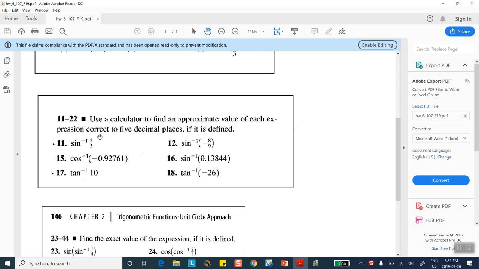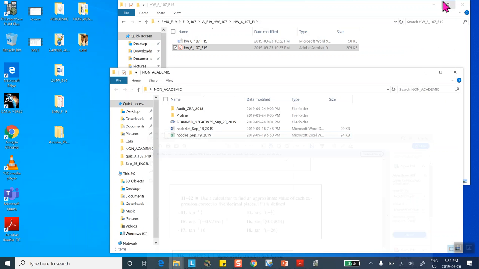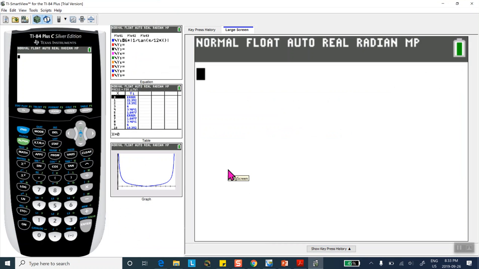we're talking about the answer being in radians. So the first thing that you do is make sure that when you do these things, you set your angle to radian. Okay, so let me go to my calculator here. Now let me see, the mode.